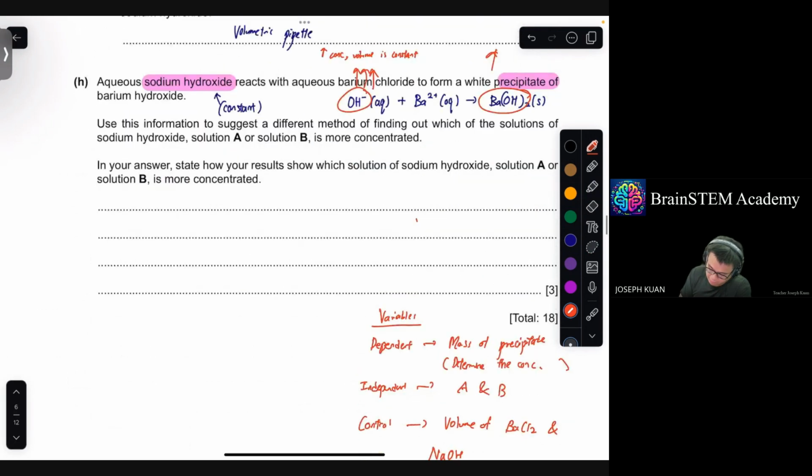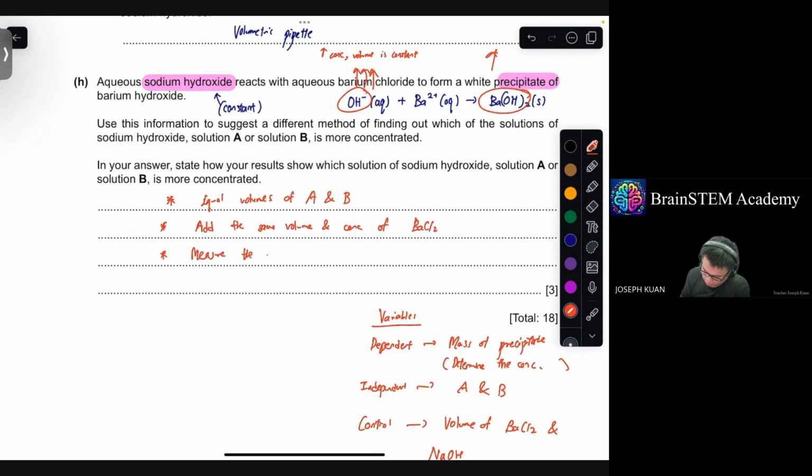So with that said, let's use equal volumes of A and B. Then we add the same volume and concentration of barium chloride, and then we measure the mass of precipitate formed.